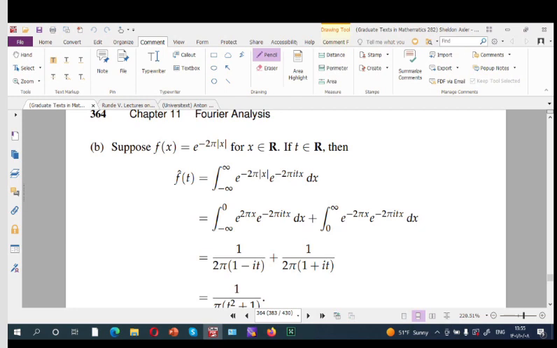This integral equals this integral equals this.